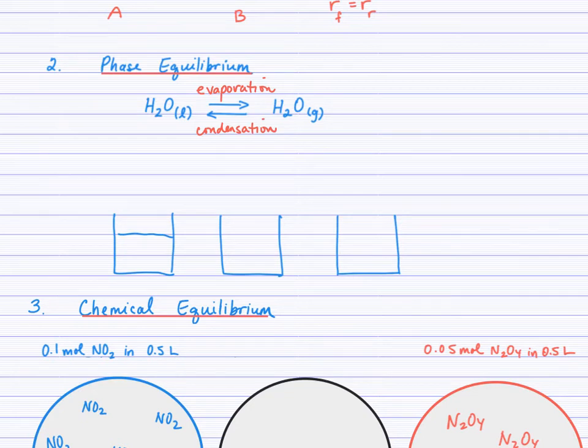So if you leave a beaker of water open on the counter, it will evaporate. And as long as that system is open, it's never going to reach equilibrium. We can't have the condensation happening if we leave the system open, so the water level drops.